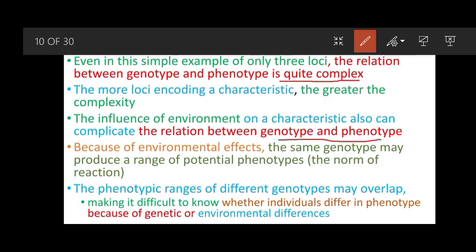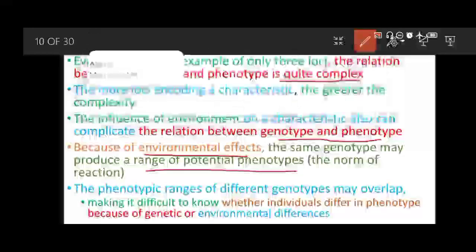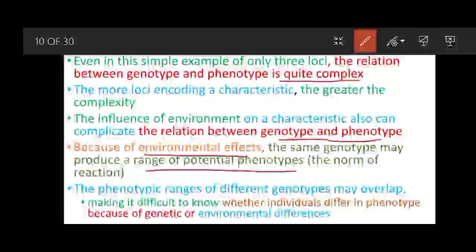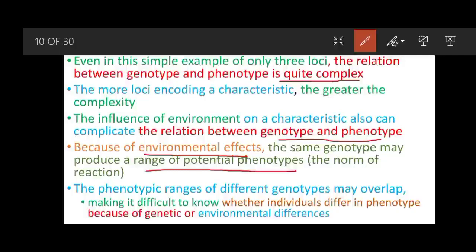Because of environmental effects, the same genotype may produce a range of potential phenotypes, and this is known as the norm of reaction. We have already discussed this in a previous lecture. A single phenotype can be assigned to many different genotypes when the environment has its role also.